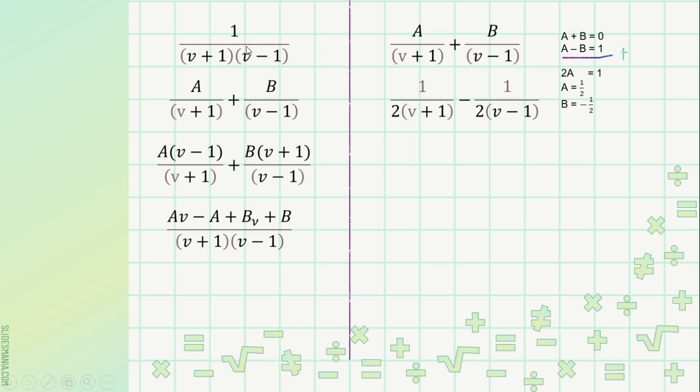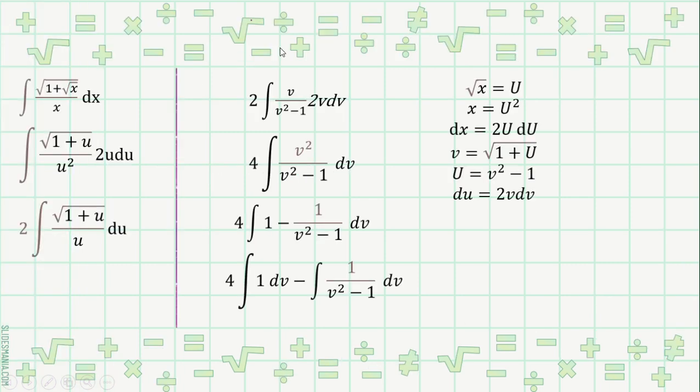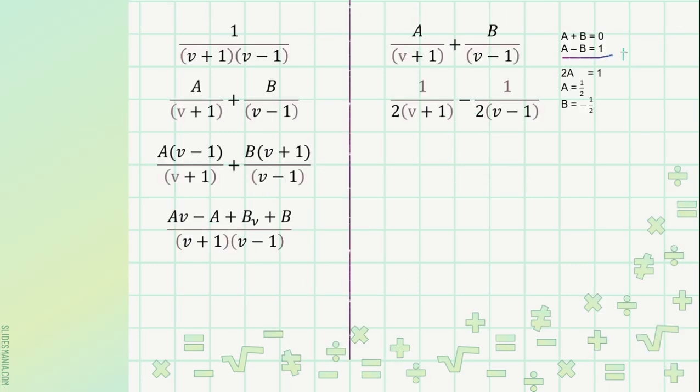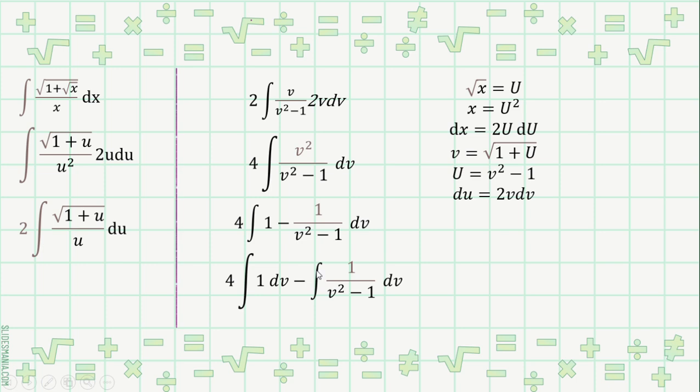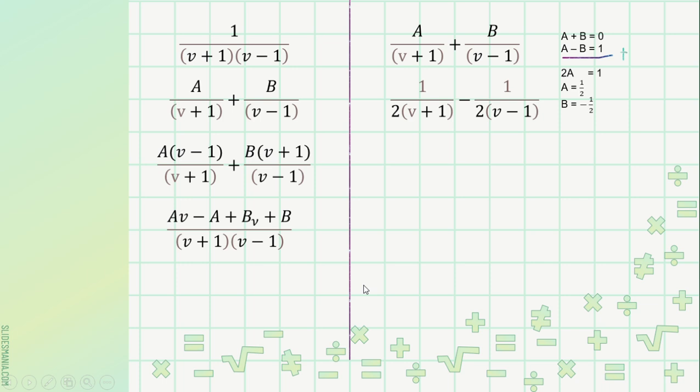For this one we do partial fractions with v plus 1 and v minus 1. It will be A over v plus 1 plus B over v minus 1.